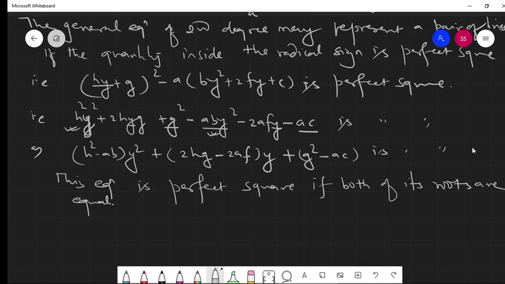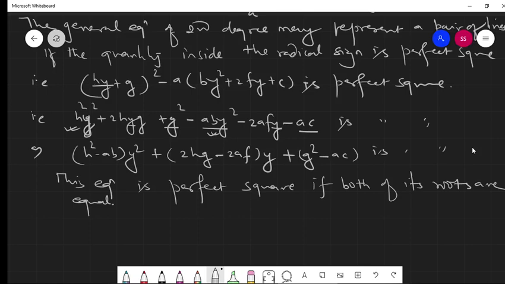Okay, if this term is 0, then we will get equal roots. Now dear students, let's move on. In this condition, (h square minus ab) y square plus (2hg minus 2af) y plus g square minus ac is a perfect square only when b square minus 4ac equals 0.